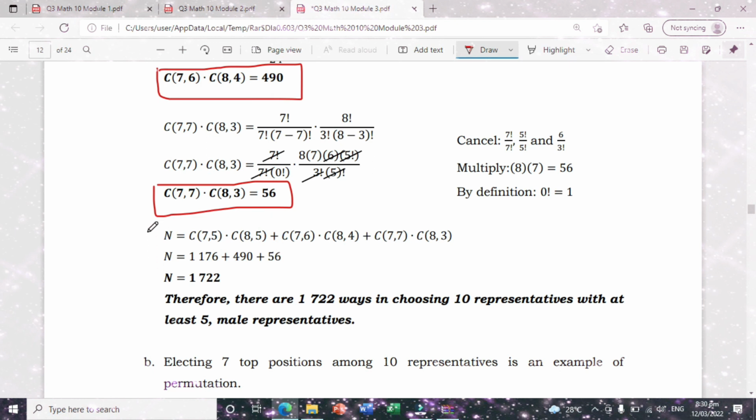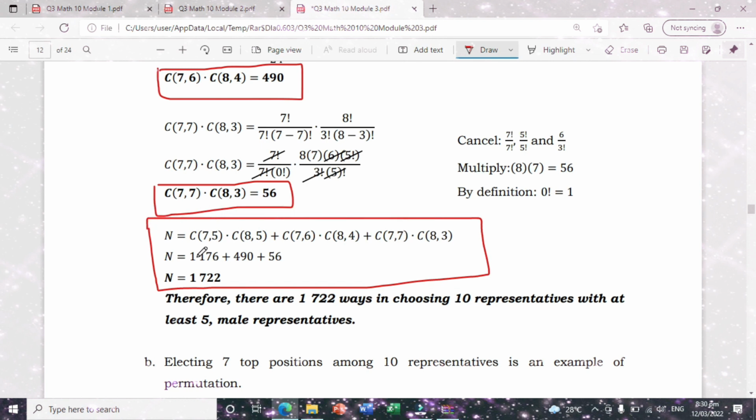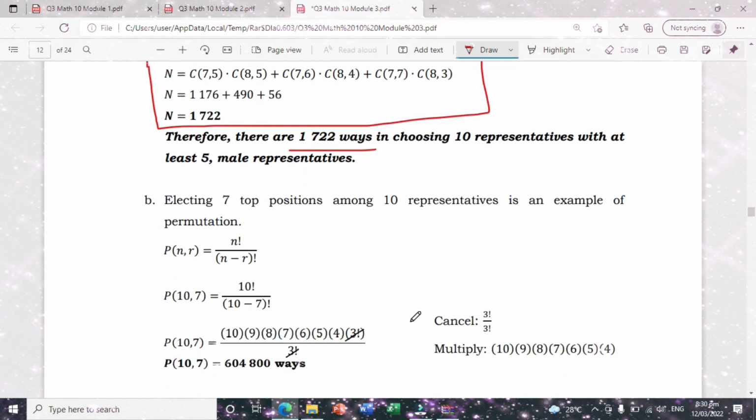So, ito na lahat yung magiging final solution natin. I-add na natin lahat ng combinations na nakuha natin. So, 1,722. So, therefore, there are 1,722 ways in choosing 10 representatives with at least 5 male representatives. Okay? Yan.